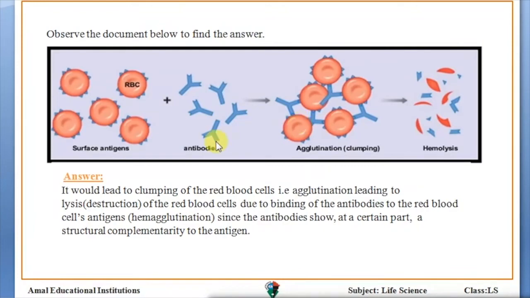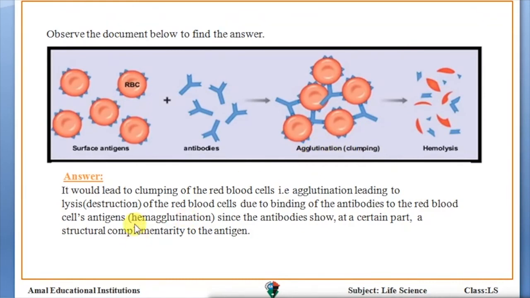What has actually happened is that the anti-A antibody binds to the antigen A on the red blood cell and pulls them together in a group like this, which is referred to as a clump of red blood cells.